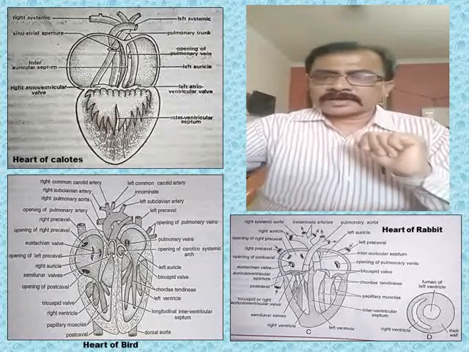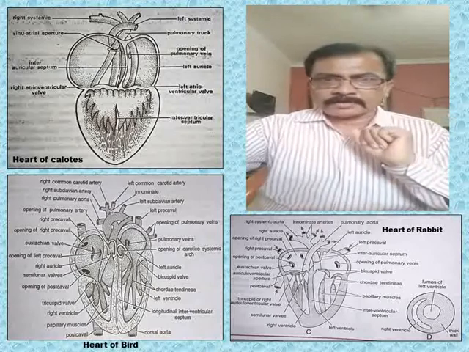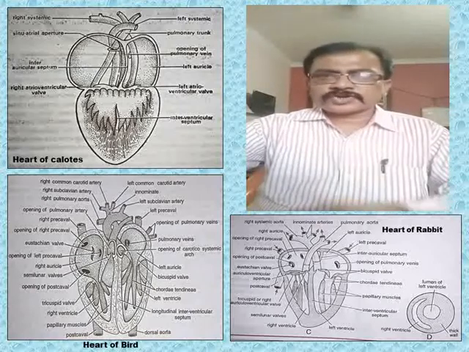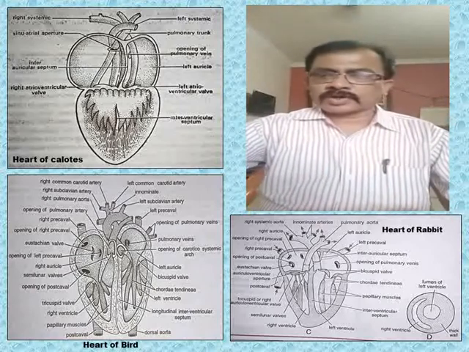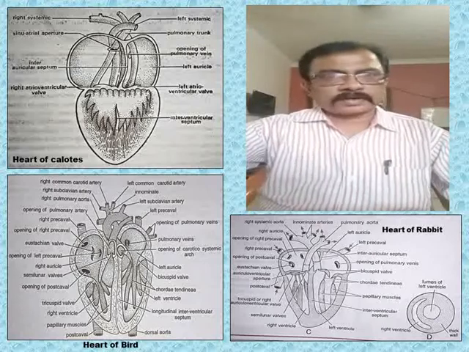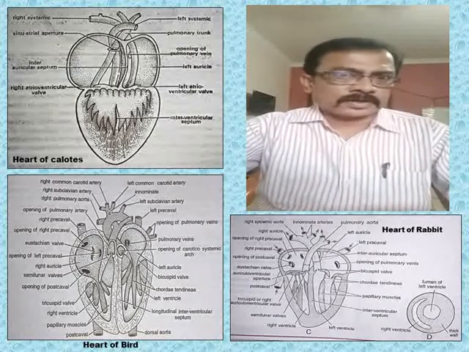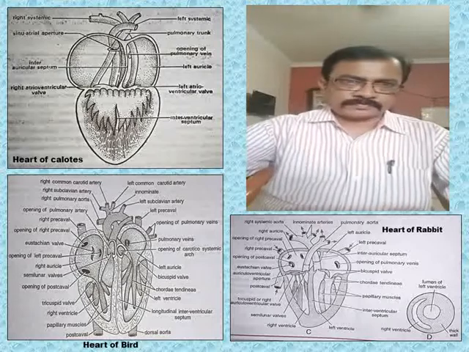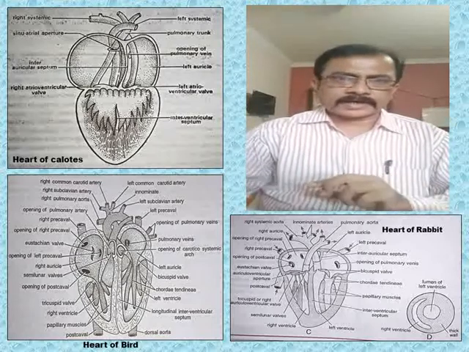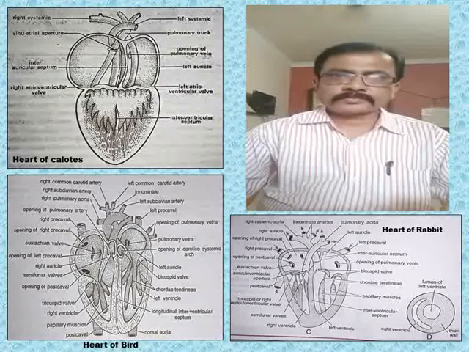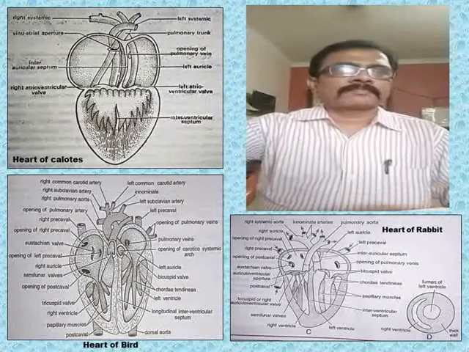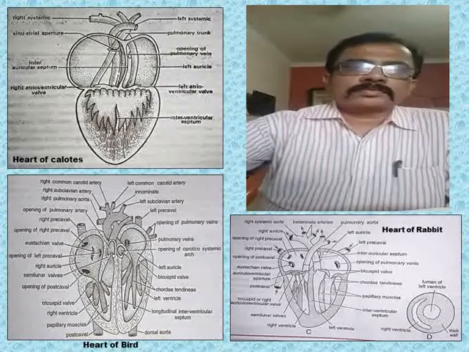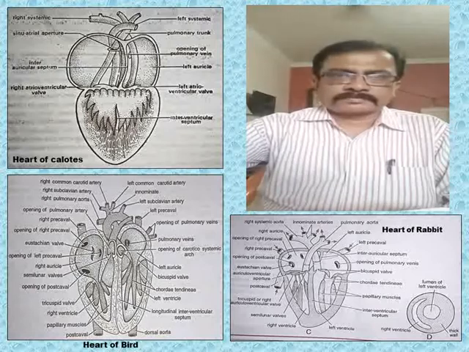In case of mammal, that is in rabbit, four chambers, two auricles and two ventricles, and all the four chambers are completely demarcated externally. And then we'll move to the chambers one by one.